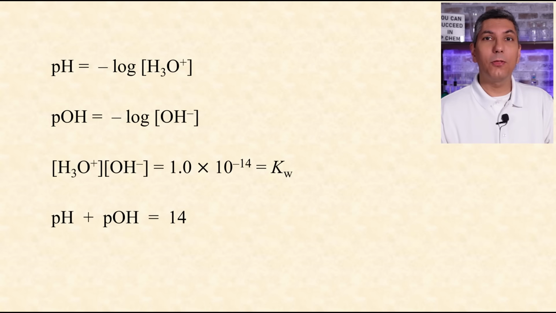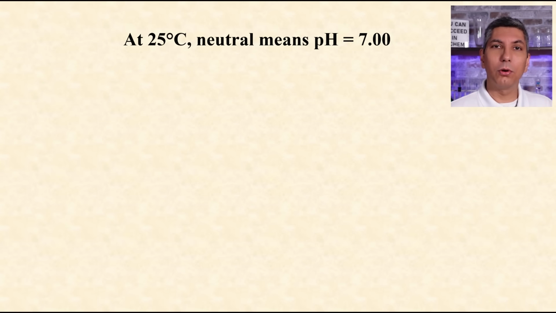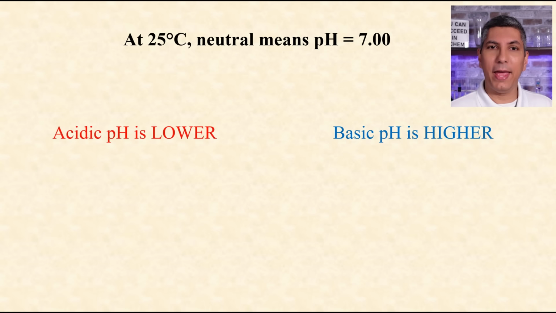Another way of saying this is that pH plus pOH equals 14. So that means that with these 2 equations, if we know any one of the 4 values, we can calculate the other 3. Anytime that pH equals pOH in a solution, the solution is neutral. At 25 degrees Celsius, neutral means a pH and pOH of 7.00. Acidic pH values are lower than that, and basic pH values are higher.